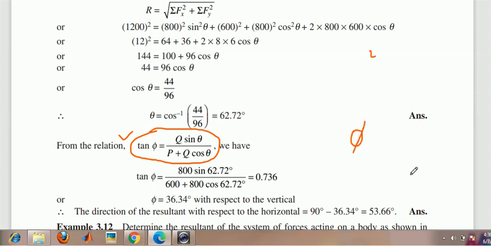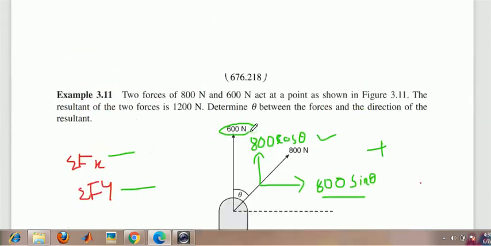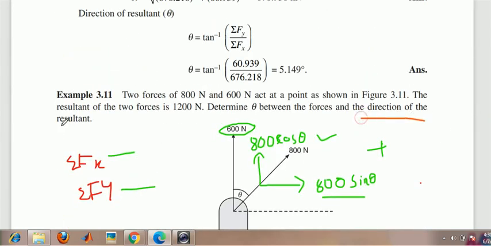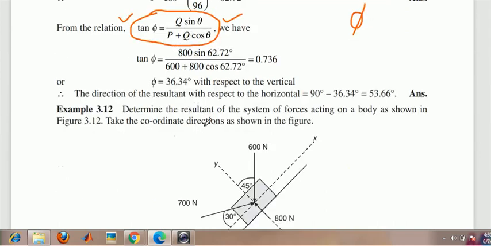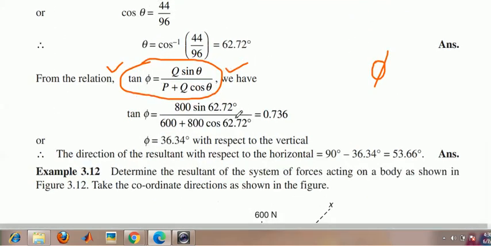So you can see, once you observe the parallelogram law, whatever equation we have, this is the expression to find out the direction of resultant. Here also we need to find out the direction of resultant. So therefore you need to use this expression. Clear?